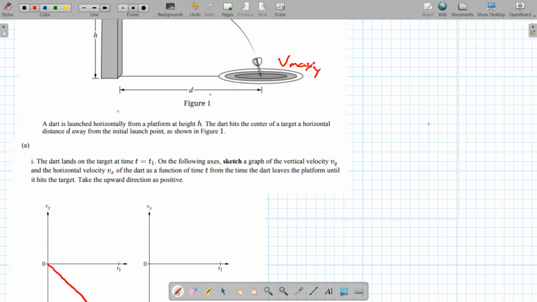And it said take upward as positive, and this is a critical part of this. So because we're going down, this has to be negative. It has to be below 0 because they defined it as such. Okay? And then if we do the X direction, whatever velocity it starts at, we'll say it starts here. It's just going to be a straight line because it never changes in the X direction. Does that make sense?